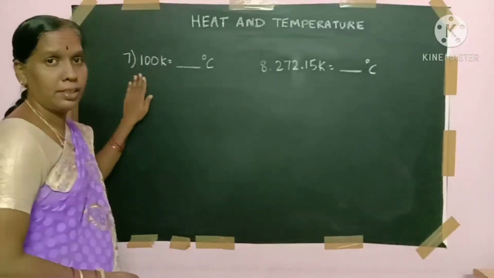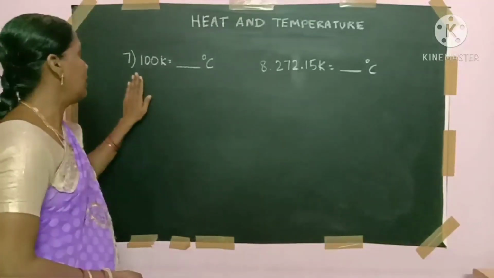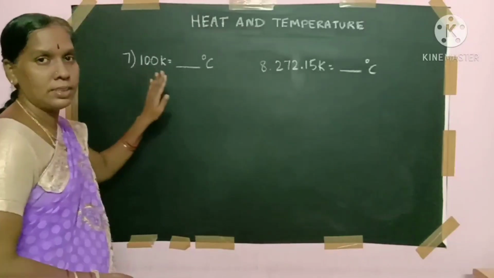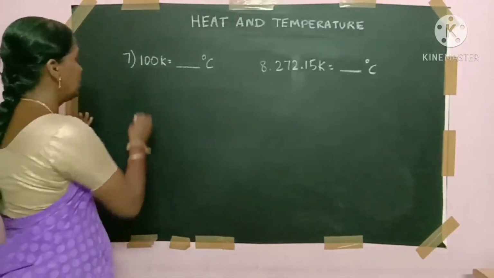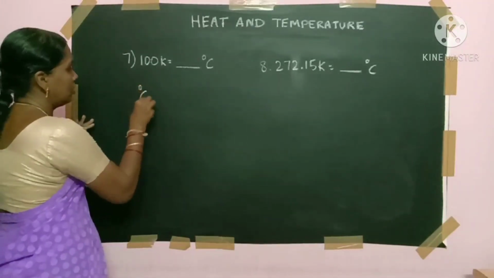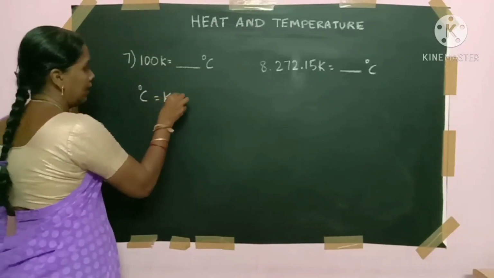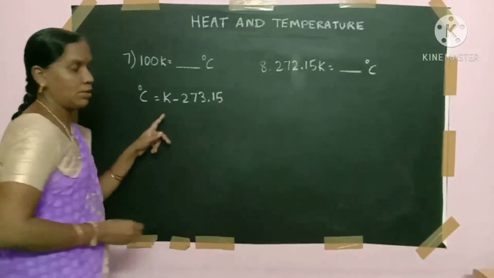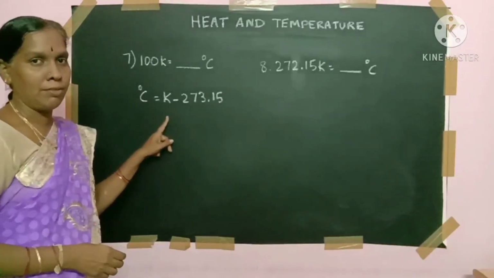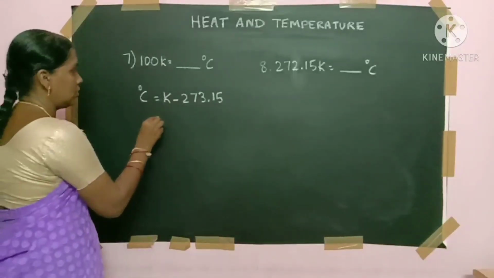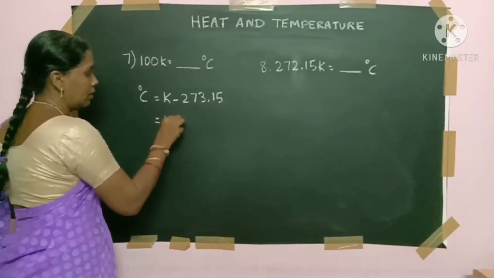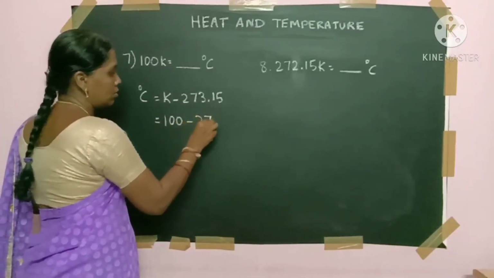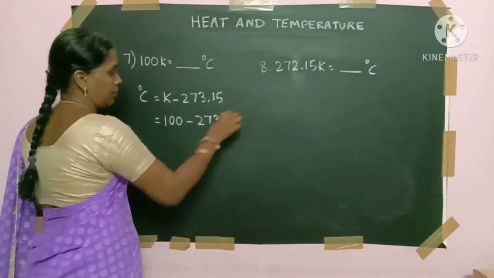Next we are going to continue with the seventh one. 100 K is equal to degree centigrade. You have to find the value. Degree C is equal to K minus 273.15. First substitute the value of Kelvin, then subtract. So 100 minus 273.15.